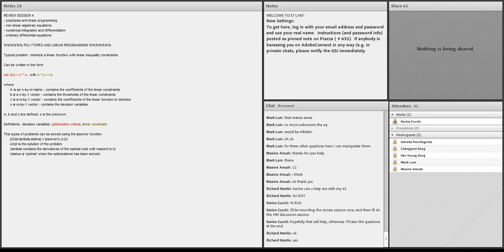So x is equal to x opt is the optimal solution for x. And you have also two other arguments, so lambda containing the derivatives of the optimal cost, and status corresponding to a character, a string, sorry, and it is equal to optimal when the optimization problem has been solved.